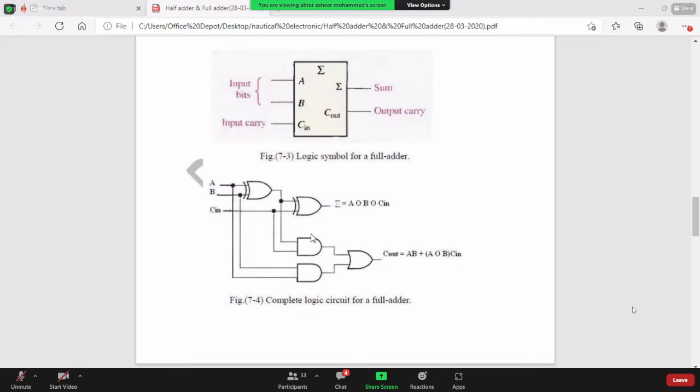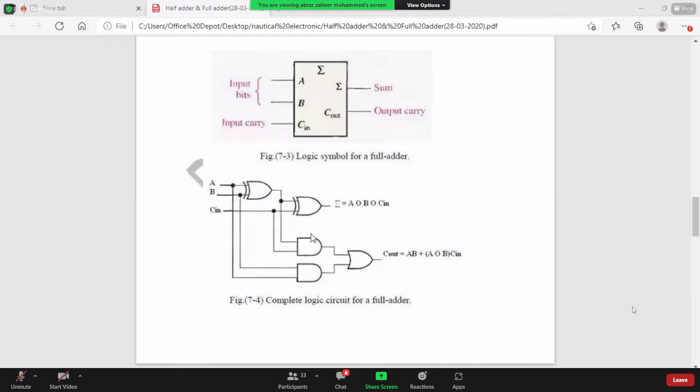For the carry, the output carry of the first half adder is A dot B, and the output carry of the second half adder is A XOR B dot C in. When we take the OR of these two, the final carry is AB plus A XOR B dot C in. This is the complete logic circuit for the full adder.